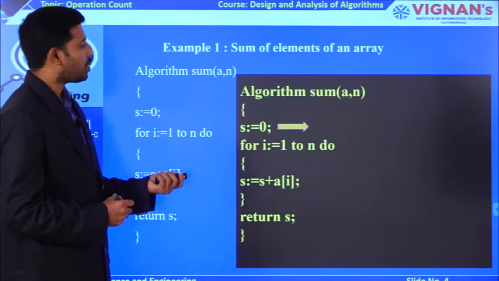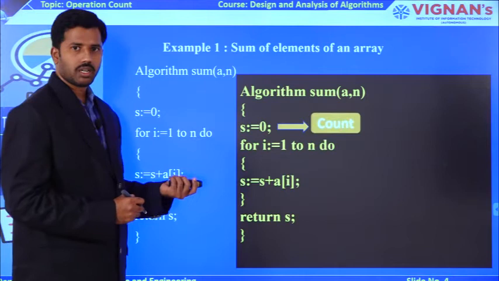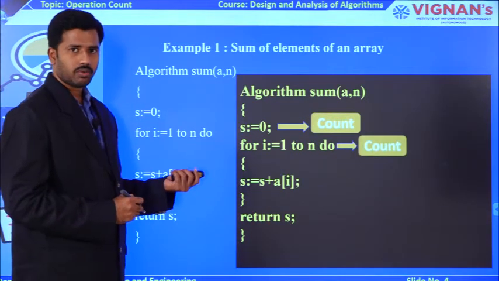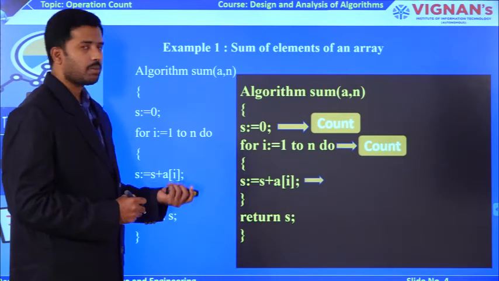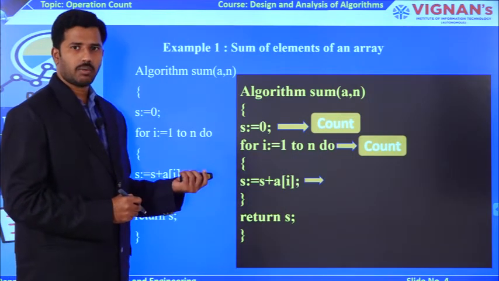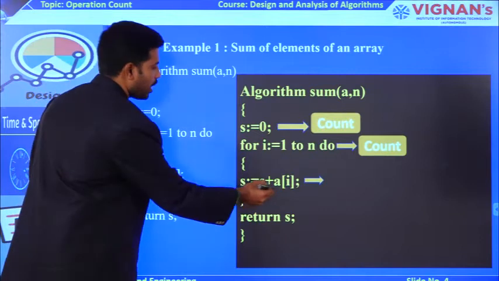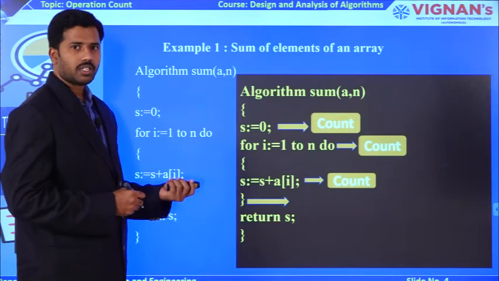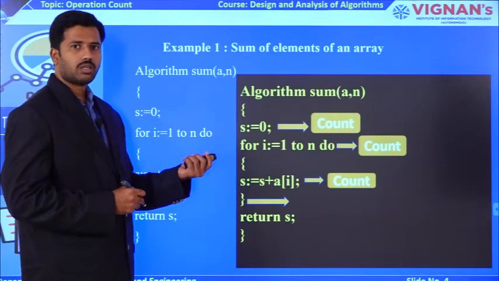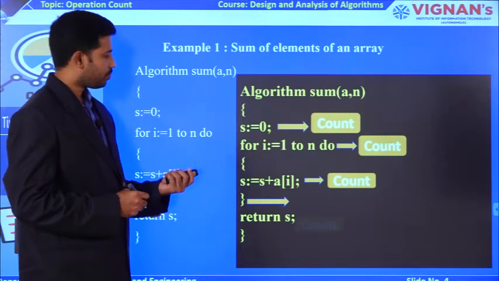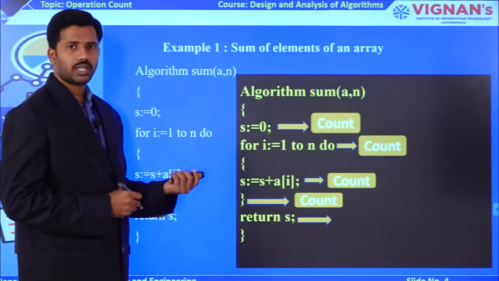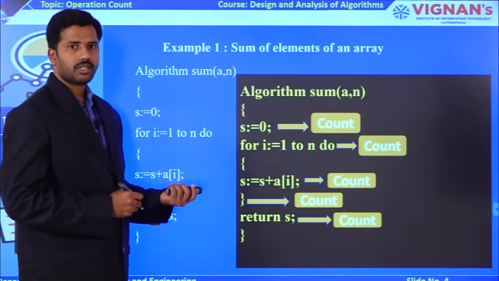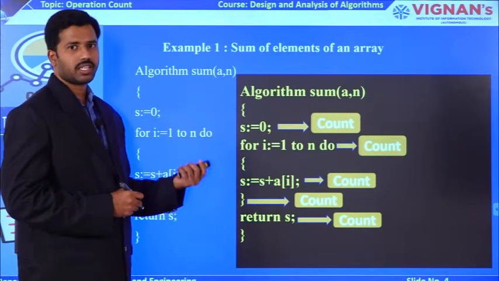As I said previously, you need the first count variable for the assignment operation, the second for the loop, the third for the arithmetic addition statement inside the for loop, the fourth for the control coming out of the for loop, and the fifth to return the result S. Likewise, you require 5 count variables in total for this algorithm.